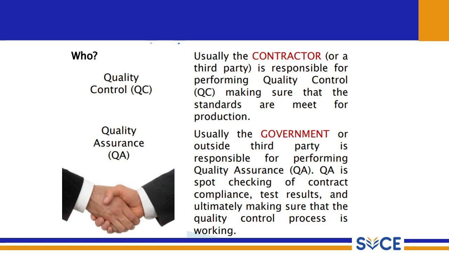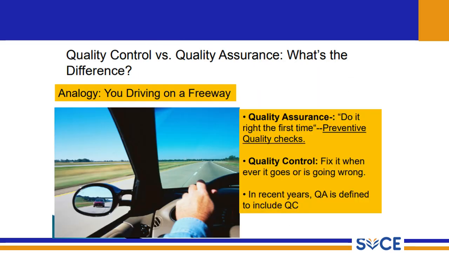Quality assurance means you are establishing some standards so that the quality control team will come and check. Usually the contractor is responsible for quality control, and the government or a third party takes care of quality assurance. The basic difference is like when you drive a car on a freeway: do it right the first time.